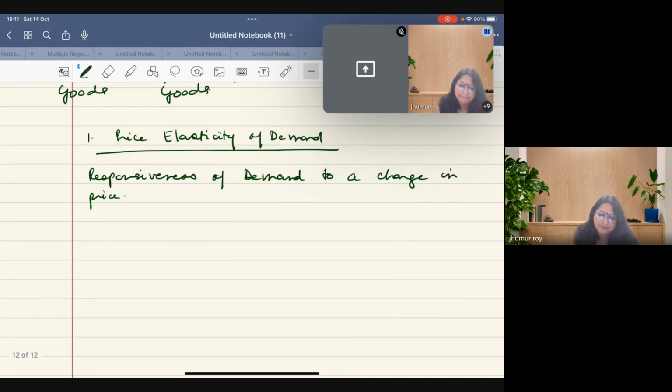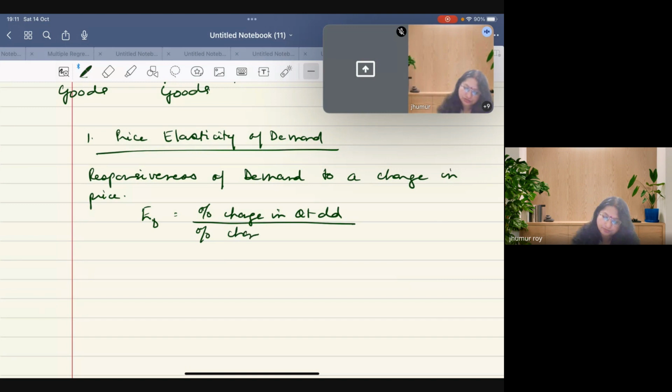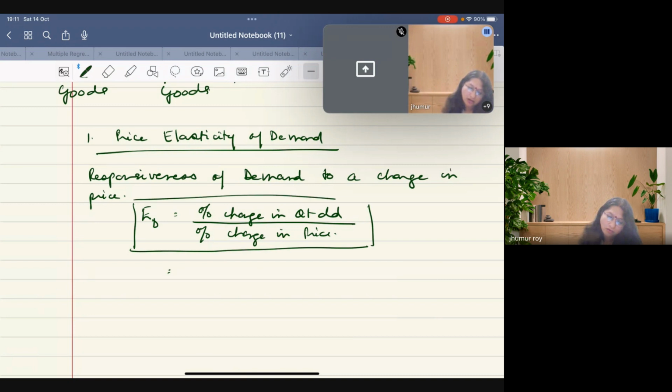The formula we write is EP, you can also write it as ED, is equal to percentage change in quantity demanded upon percentage change in price. This is a very important formula, and it talks about how a particular product is going to be influenced by a change in price.